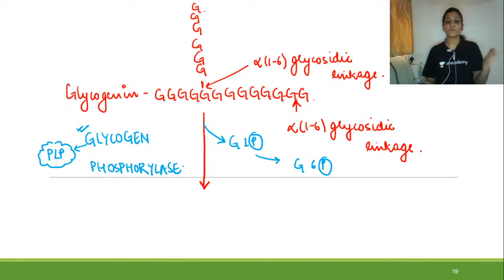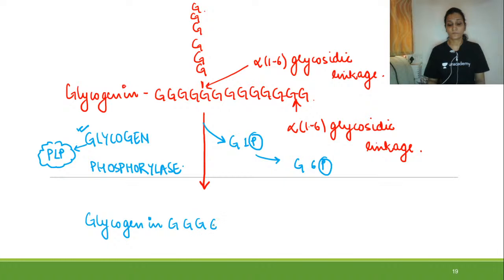So removal of glucose molecules occurs till the formation of limit dextrin.